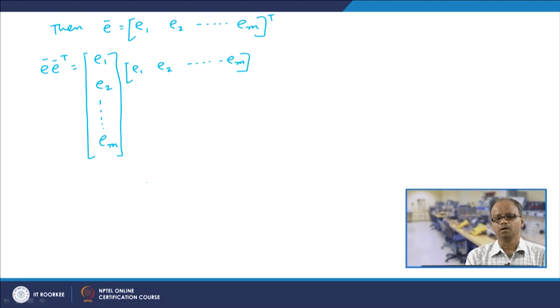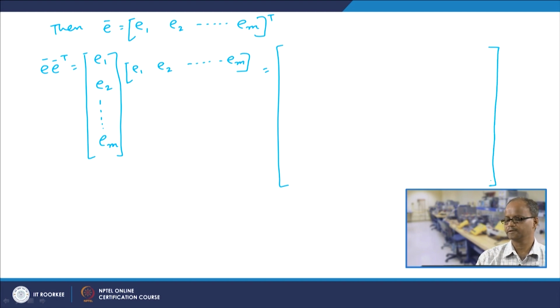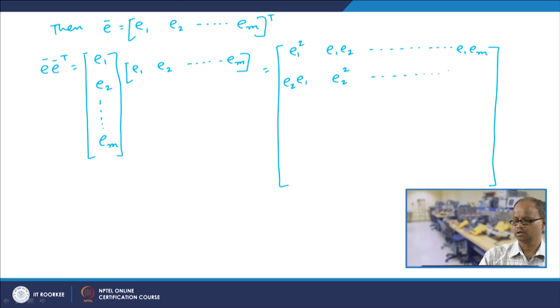So, then this would be something like this: E1 square, then E1 E2, then dot dot dot, E1 EM; then you have E2 E1, E2 square, then dot dot dot, E2 EM; then EM E1, EM E2, dot dot dot, EM square.